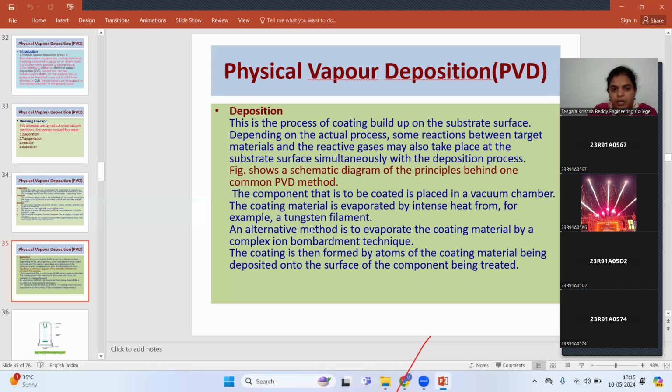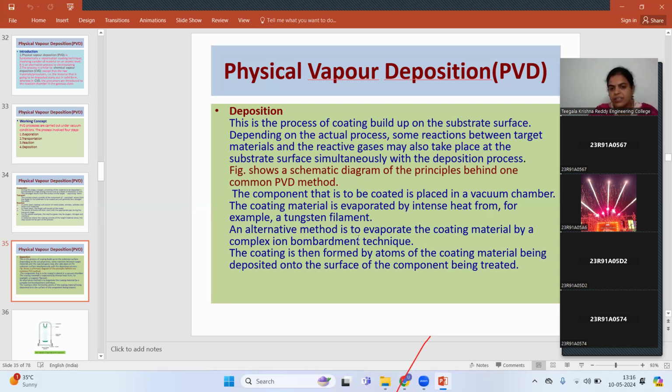Okay, and the figure below shows a schematic diagram of the PVD method. In this, the component that is to be coated is placed in a vacuum chamber, and the coating material is evaporated by intense heat. For example, a tungsten filament is used in this method.